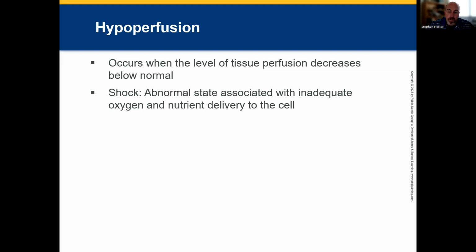Then it vasoconstricts areas distal from the heart, and it increases the systemic vascular resistance. So the definition of shock is an abnormal state associated with inadequate tissue and nutrient delivery to the metabolic apparatus of the cell. Okay, and this can pretty much result in cell destruction if it is not adequately perfused.